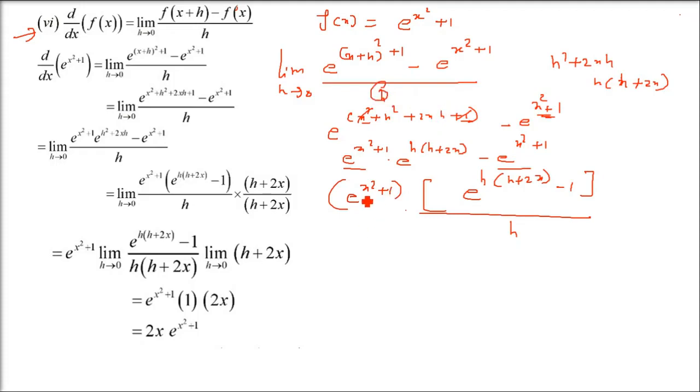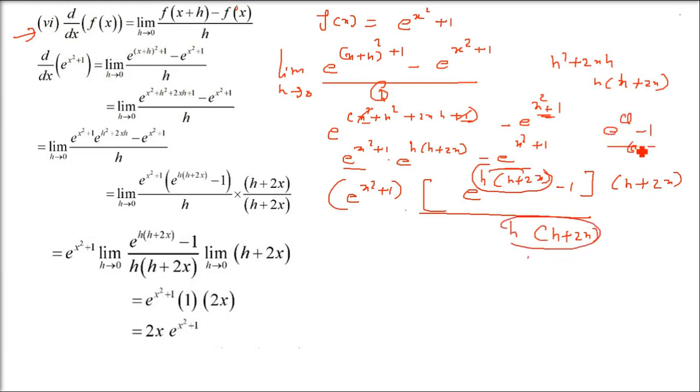Okay. So if you see here, this is h plus 2x. We need h plus 2x in the denominator because we need to apply the formula or theorem we had. So h plus 2x in the numerator, and in the denominator we have to multiply. Now you see this e raise theta minus 1 by theta, limit theta tends to 0 form has come.